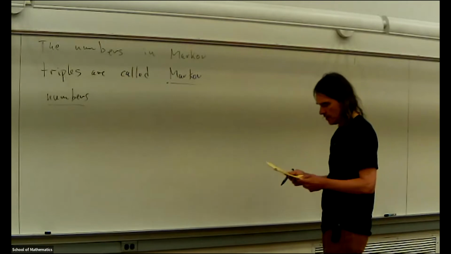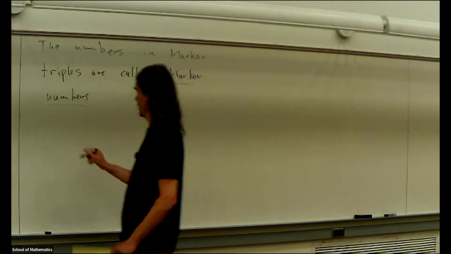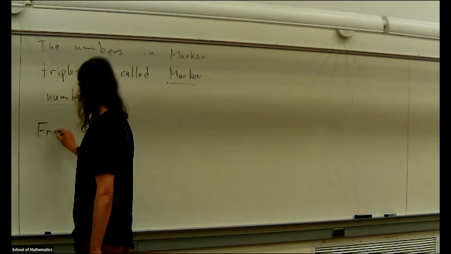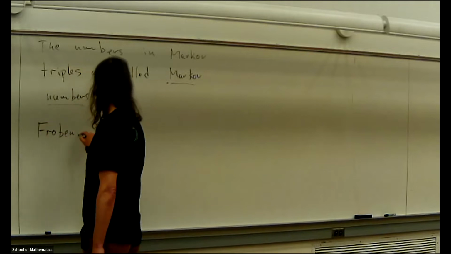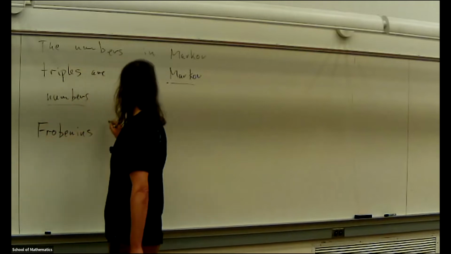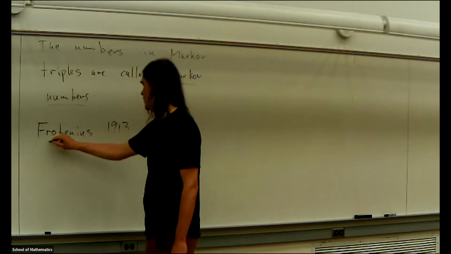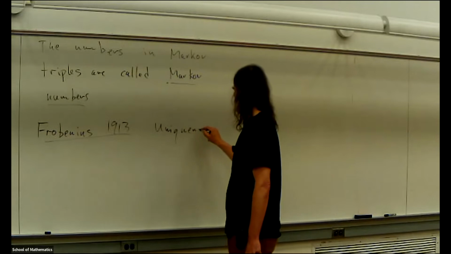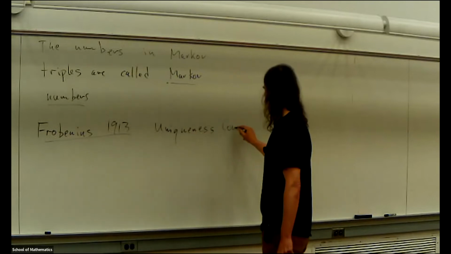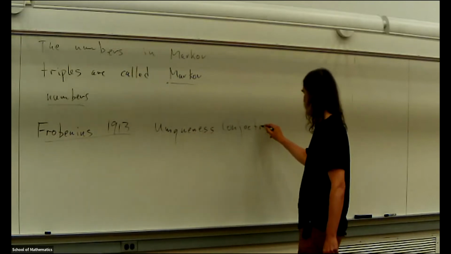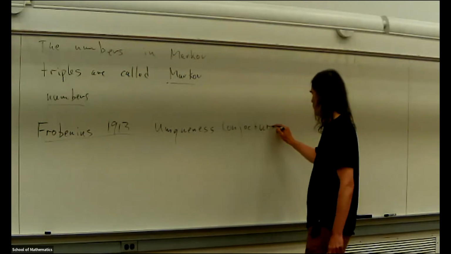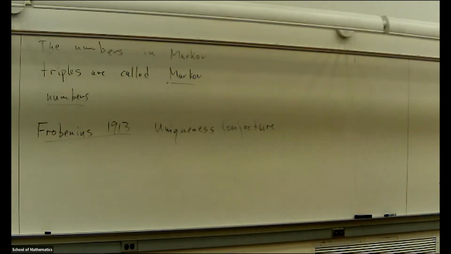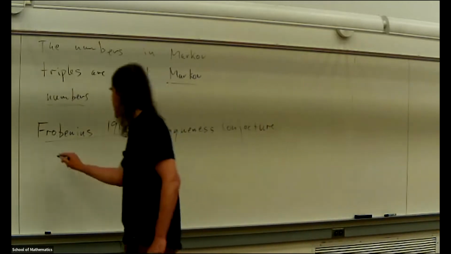But before I go there, let me state a famous conjecture by Frobenius, the uniqueness conjecture, which says every Markov number is the maximum of a unique Markov triple.